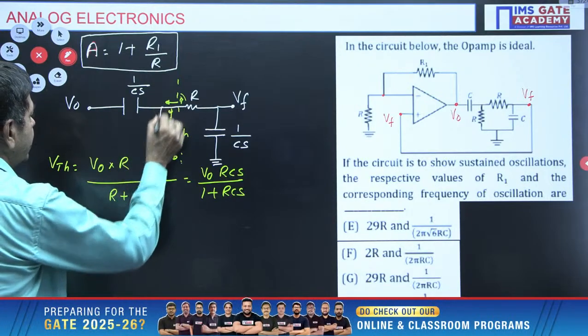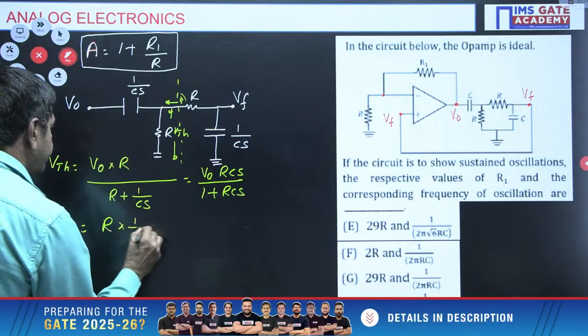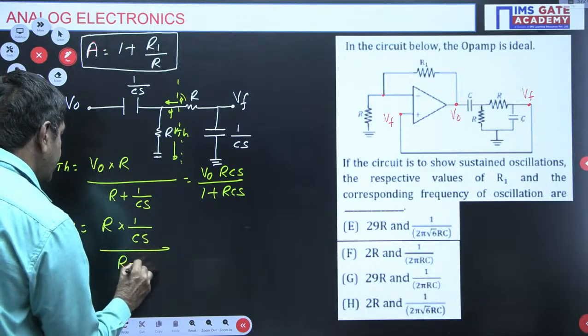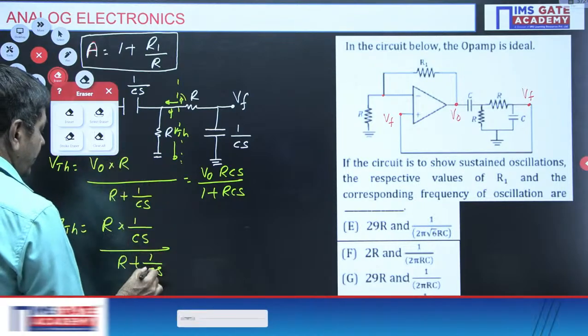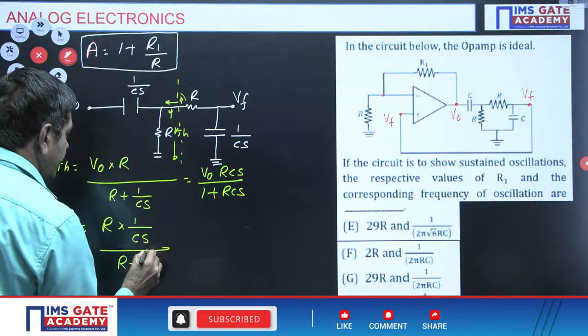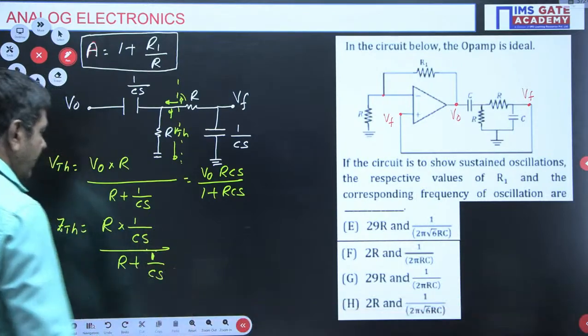ZTH is nothing but this and this in parallel: R into 1 by CS by R plus 1 by CS.